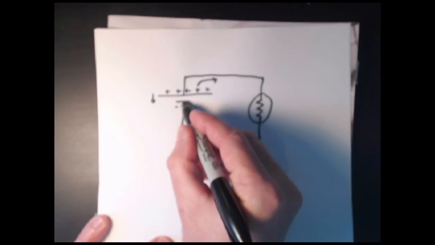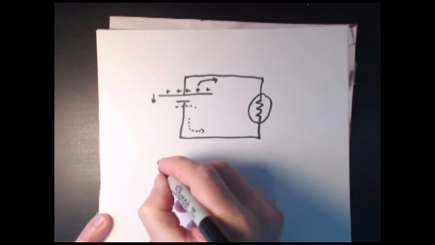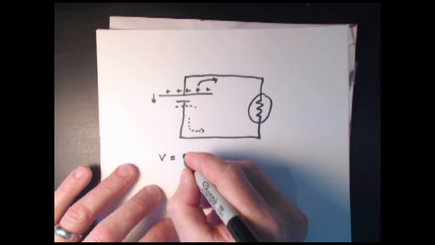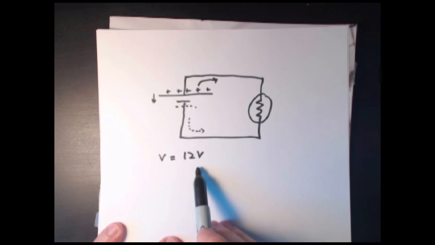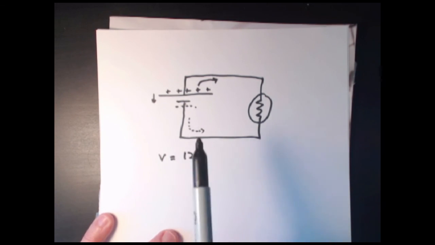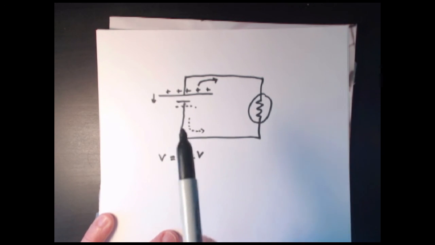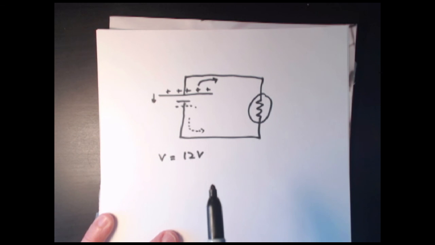So my battery is providing some energy. It's providing potential energy. And the way that we define this, we describe it as providing some electrical potential. So right, my voltage, you've heard of 9-volt batteries or 12-volt batteries, like in a car. So I have some voltage, which means that if I had a charge, that would have some energy associated with it.